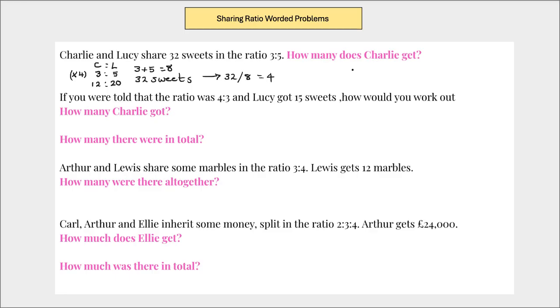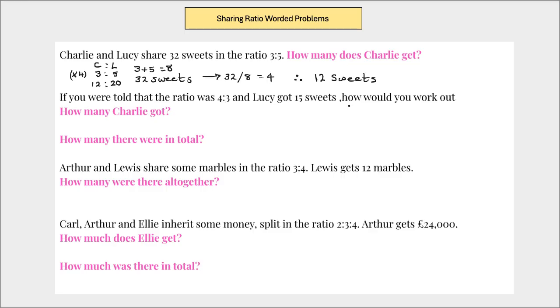So let's go back to the question. How many does Charlie get? Well, Charlie gets 12. So the answer is 12 sweets.